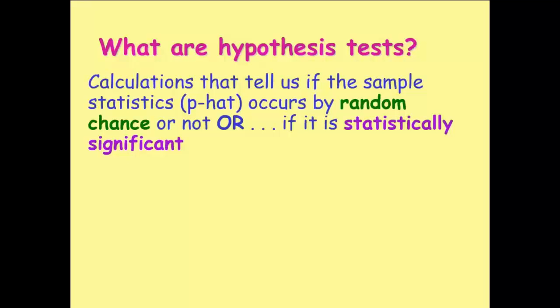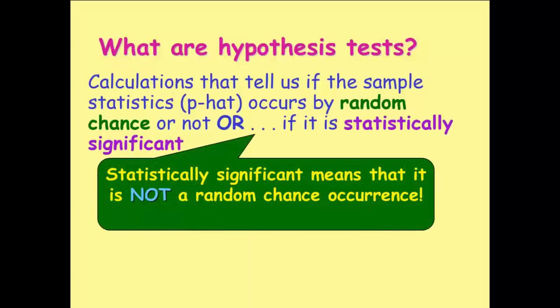Okay, so let's talk about this statistically significant statement here. When we say something is statistically significant, we're saying that the likelihood of that sample showing up is so rare that I don't think it was random. I think there was something else going on. Again, our job is not to say what that something else is.